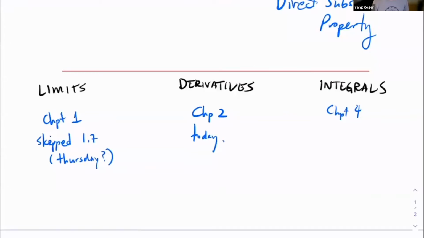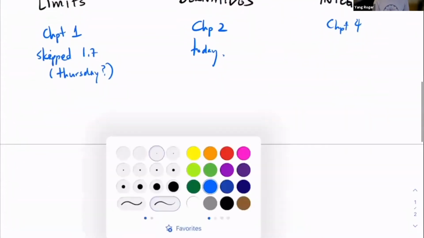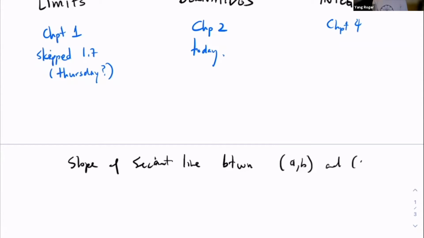And talking about derivatives really takes us back to section 1.4. In section 1.4, we talked about the secant line versus the tangent line. So when we were in section 1.4, we saw that the slope of the secant line, that's just between 2 points, AB and XY.